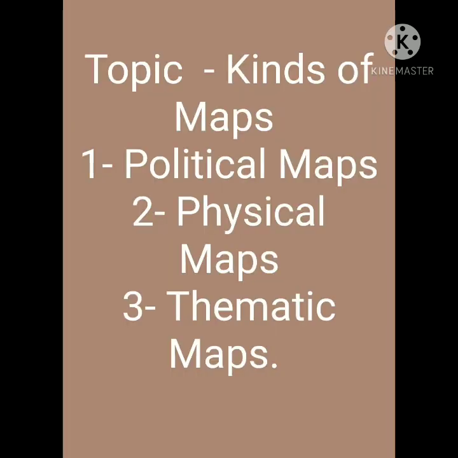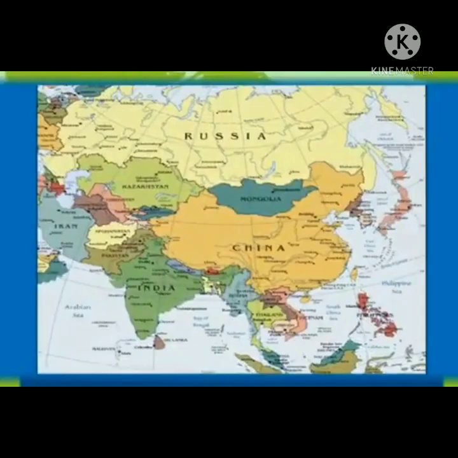Now we will study about kinds of maps. Generally, maps are classified into three types: political map, physical map, and thematic maps. A political map shows political regions such as states, capitals, major cities and towns, national boundaries, etc., as you have seen in the image.